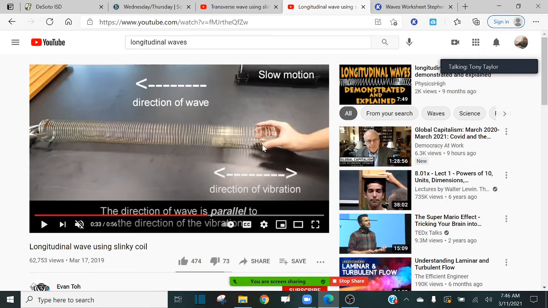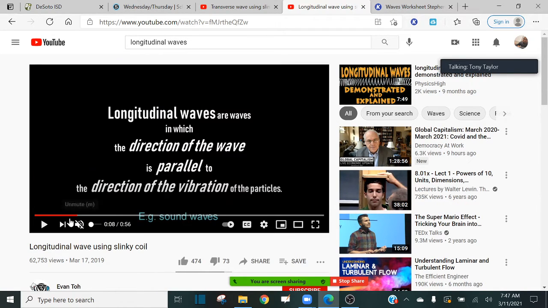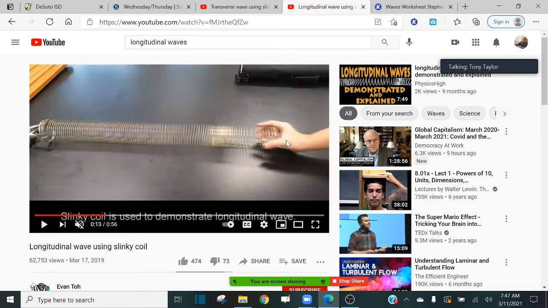But notice how this is different here. In this example, notice how he moves his hand forward and backwards, forward and backwards. In this case, his hand is vibrating forward and backwards in the x direction. But guys, look at this pulse of energy. Notice how the pulse of energy travels also in the x direction.